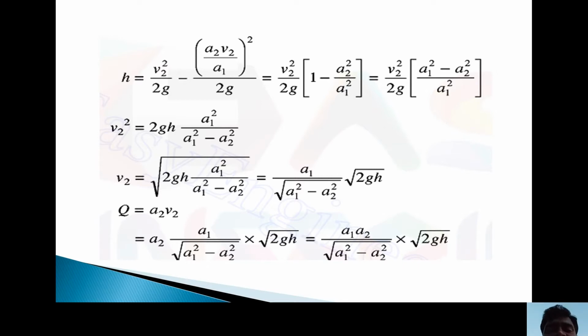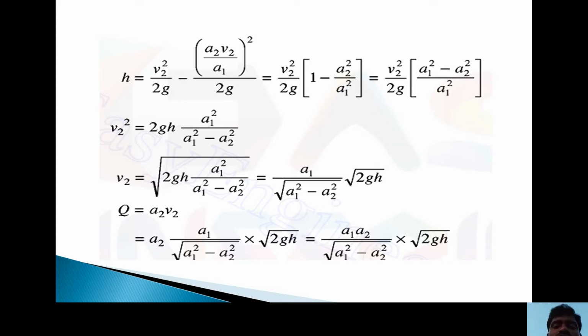Simplifying, we get V2 square by 2g into 1 minus A2 square by A1 square, since V2 square by 2g is the common term. Therefore, the equation is written as V2 square by 2g into (A1 square minus A2 square) by A1 square.